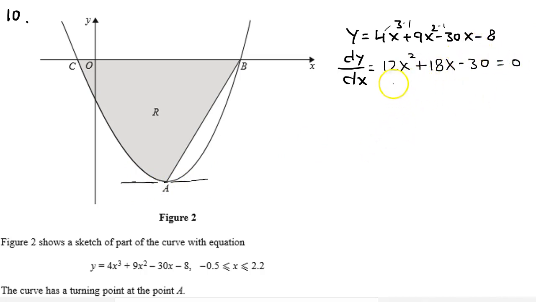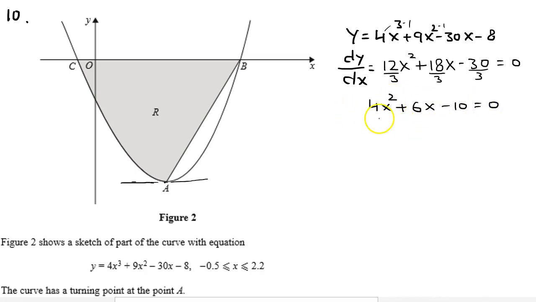So if we simplify this, we divide by 6, and we have the equation 4x square plus 6x minus 10 is equal to 0.